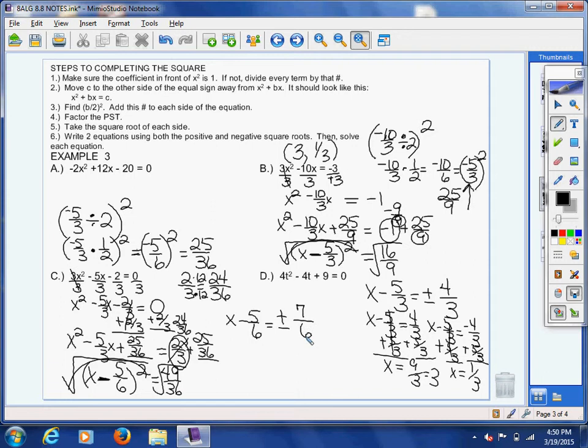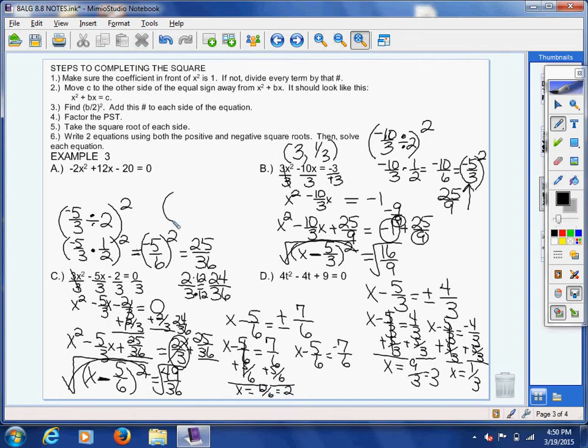And then last step, we're going to create our two equations. So I got x minus 5/6 is equal to positive 7/6, and x minus 5/6 is equal to negative 7/6. And then we're going to add 5/6 to each side, and we'll have x equals 12 over 6, which is exactly 2.